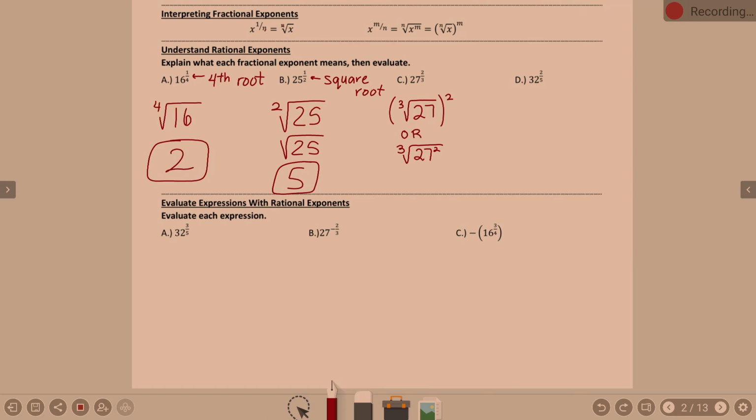And then what's 3 squared? 9. So my brain would do 3 squared and then get 9. That's what my brain would think. If you do 27 squared and then the cube root of that on your calculator, it works too.